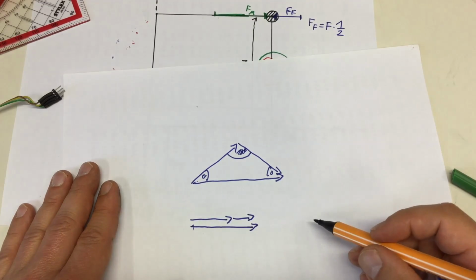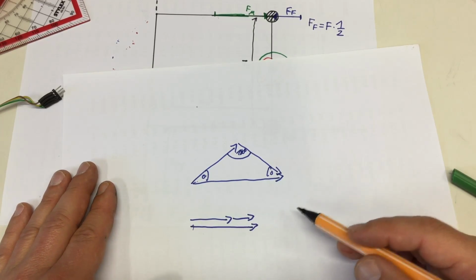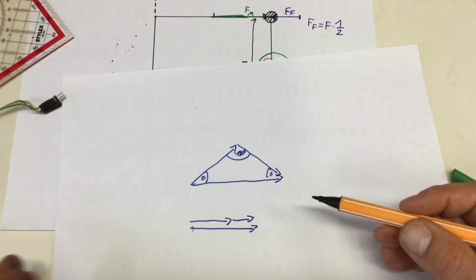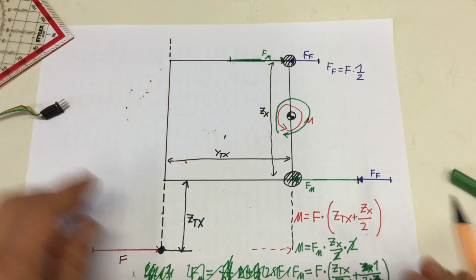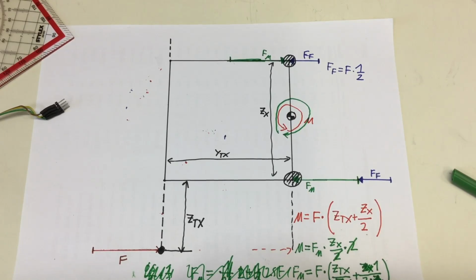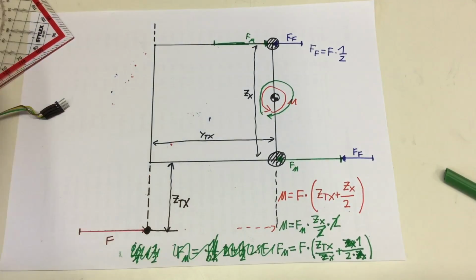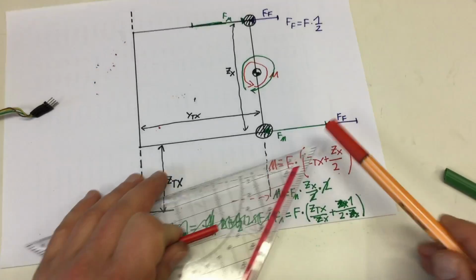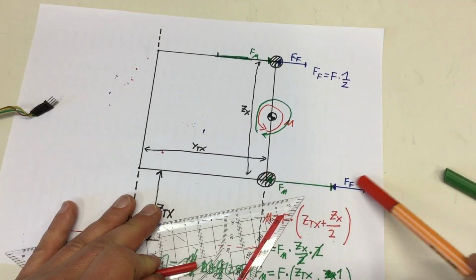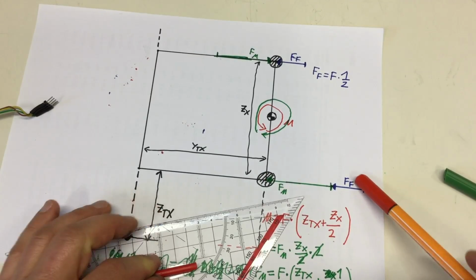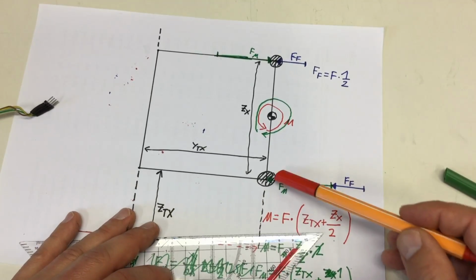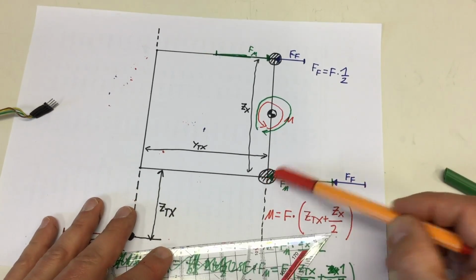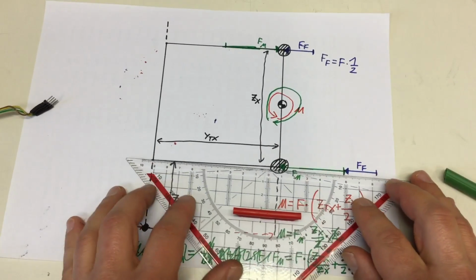Yeah, no trigonometry or drawing with my triangle ruler required. So our resulting force here would be, they go in the same direction, the sum of both, and since we want not to calculate the force exerted by the bearing, but the force exerted on the bearing, we have to change the direction.